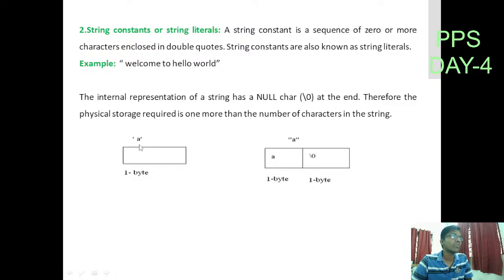What is the difference between single character constants and string constants? A single character constant occupies 1 byte. The character is enclosed in single quotes, like a character data type, and this character data type occupies only 1 byte of memory.